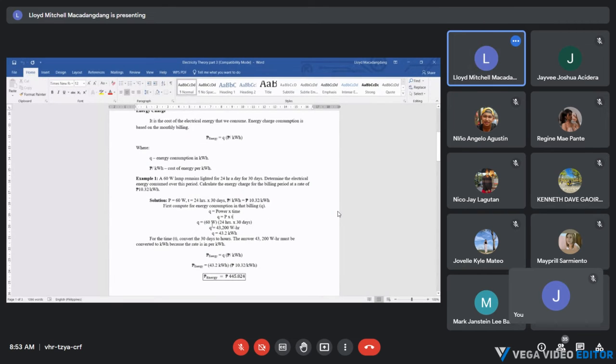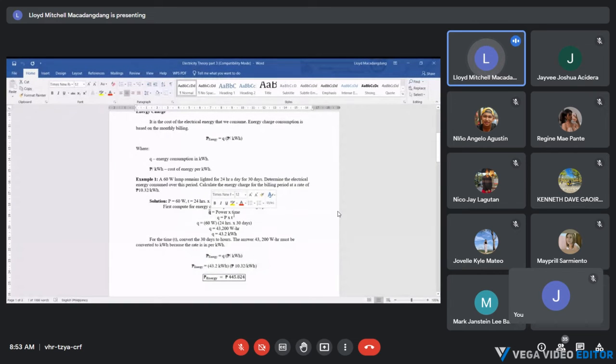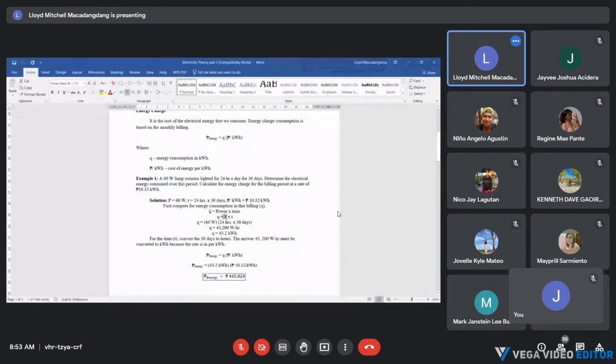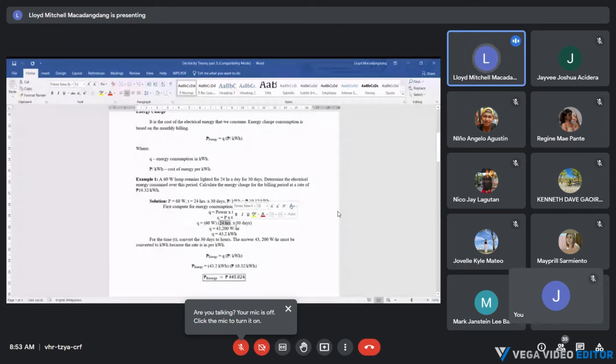So first, compute for the energy consumption in the billing, or Q. Q is equal to power times time. The power is 60 watts times the time of 24 hours multiplied by 30 days.